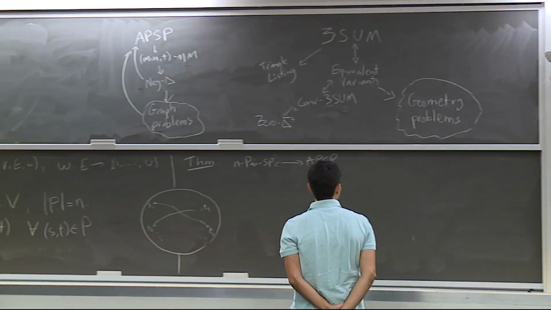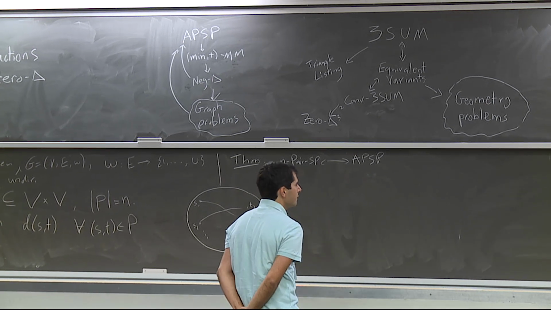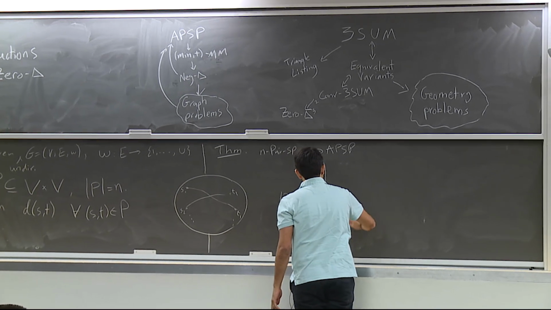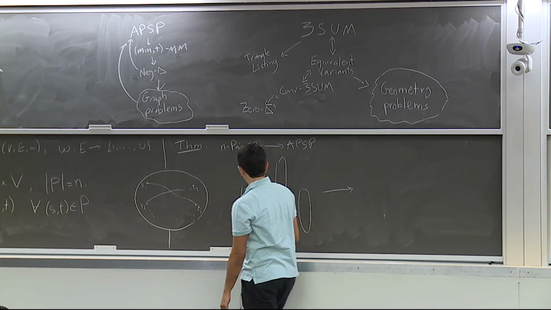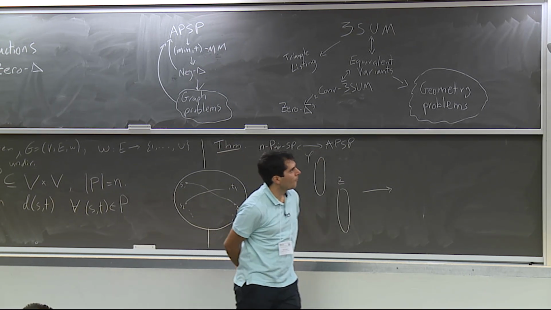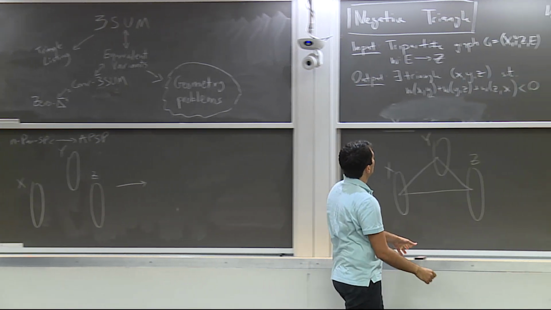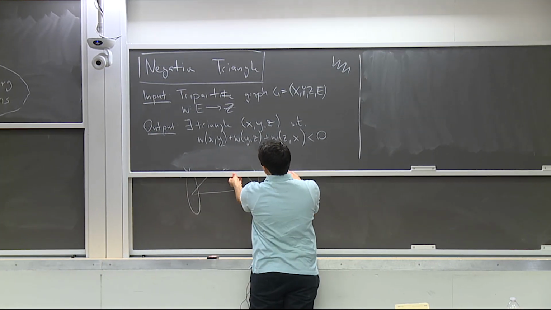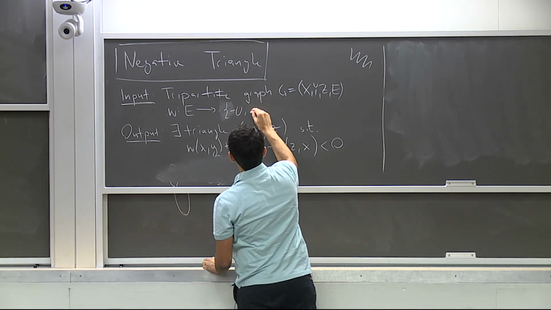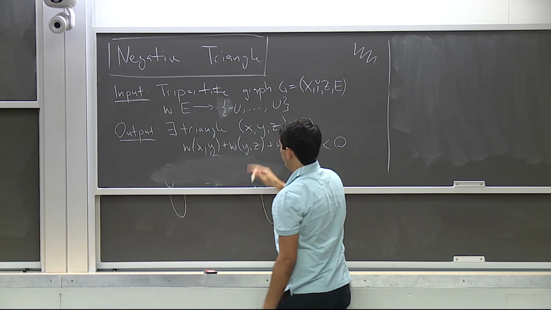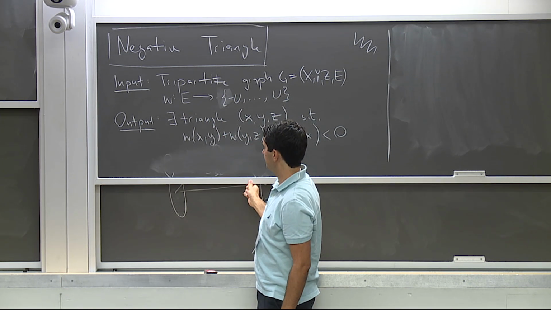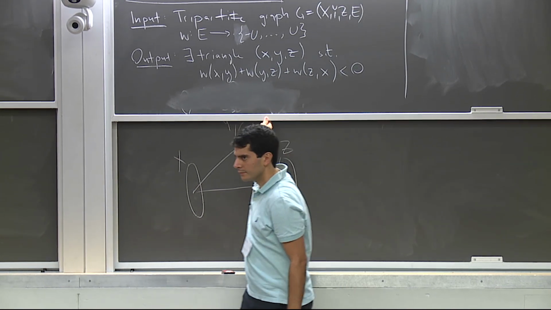I'll give you a minute. The weights are just integers, like from minus U to plus U. It doesn't matter, it's just some polynomial.